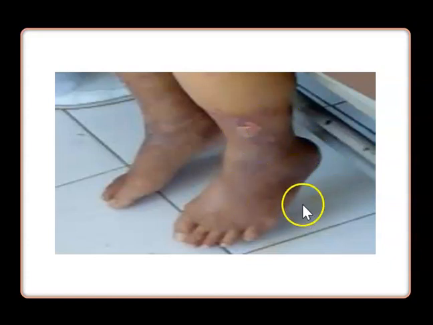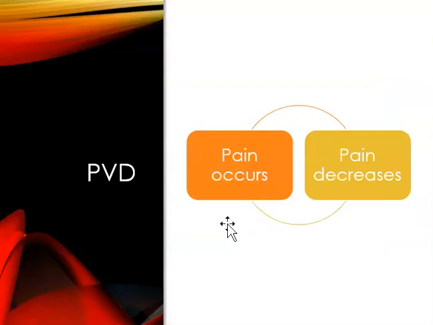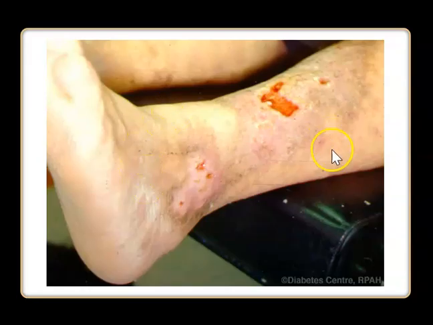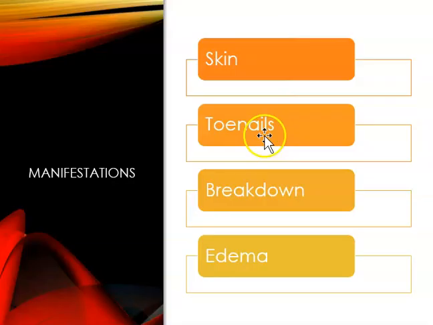So they're going to have rubor, dark red when dependent. Looks like I just got a little ahead of myself on the slide. So this is just talking about when the pain occurs and when it decreases. This is just another picture of the different manifestations that I'll go over on the next slide.